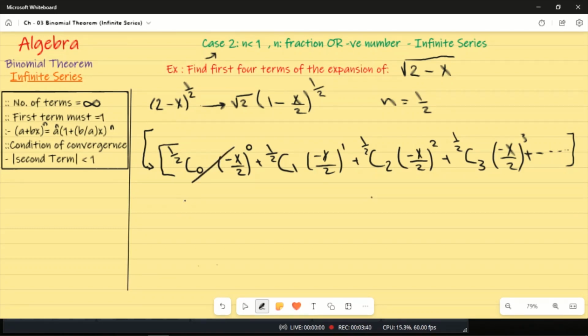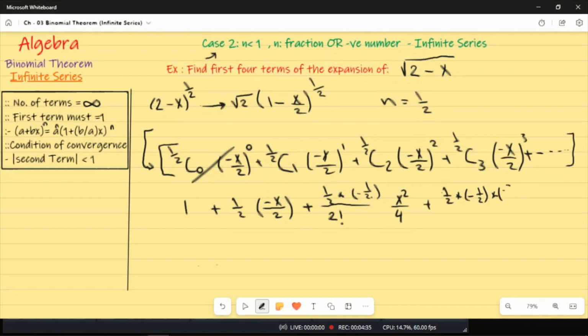So we have 1, plus half into negative x by 2, plus n combination 2, so half into n minus 1, which is negative half, by factorial of 2 into x squared by 4, plus n combination 3 as we did before, half into negative half into negative 3 by 2 by factorial of 3 into cubic x by 8.